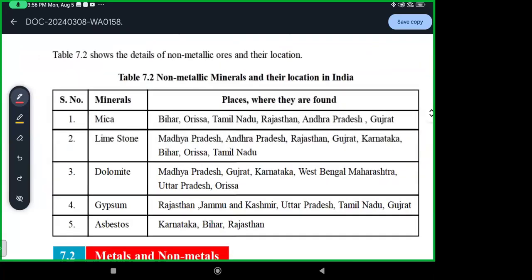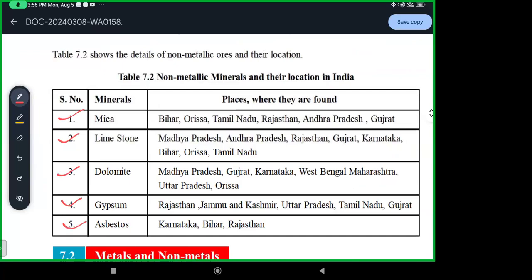Then there are non-metallic minerals, from which metals are not extracted because they are non-metallic. There's mica, found in Bihar, Orissa, Tamil Nadu, Rajasthan, Andhra Pradesh, Gujarat. Then there's limestone, found in MP, Andhra Pradesh, Rajasthan, Gujarat, Karnataka, Bihar, Orissa, Tamil Nadu.